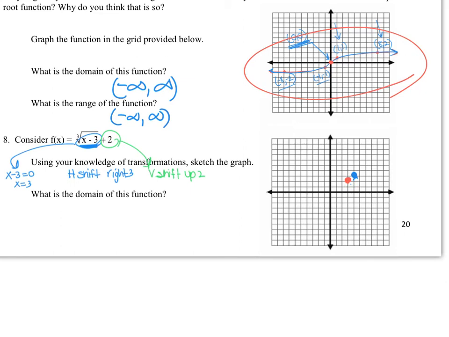Your one after that was 8, 2. So where is that? 1, 2, 3, 4, 5, 6, 7, 8. So it was here. From there, we can go right 3, 1, 2, 3, up 2. And that's your new point. So that's like the top half of the cube root graph.